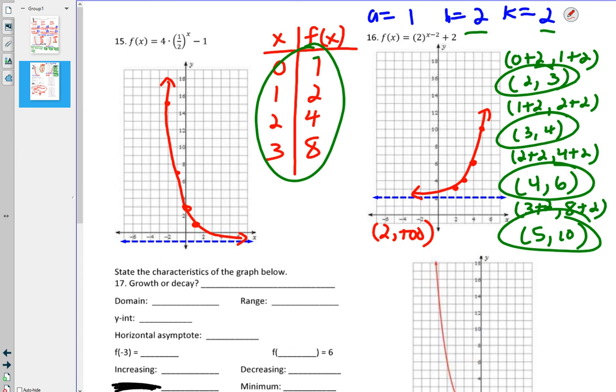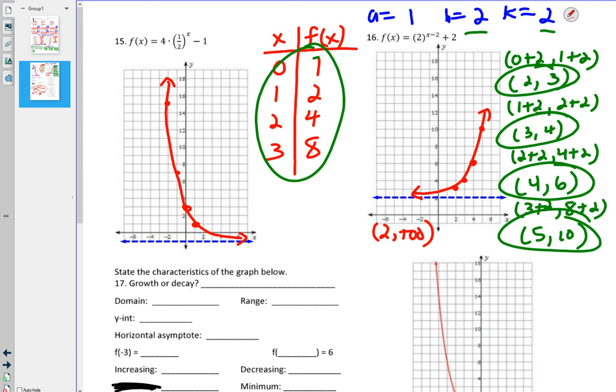How about the end behavior? Or even better, show me, is this increasing or decreasing? Increasing. Okay, and then the end behavior. As x approaches negative infinity, what is f of x doing? What's y doing as x goes to negative infinity?